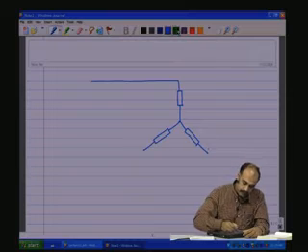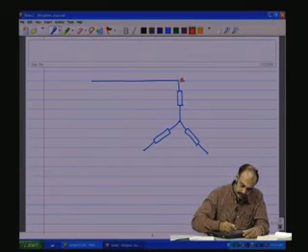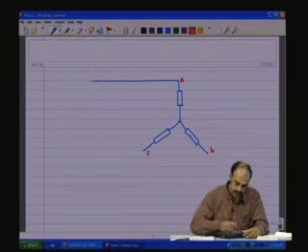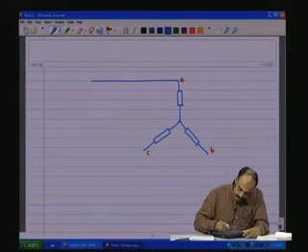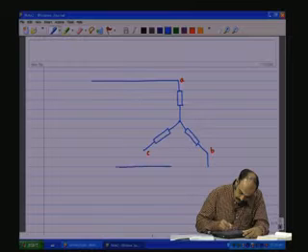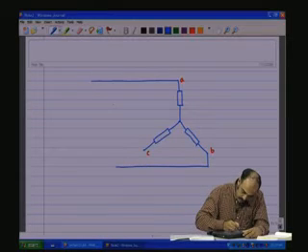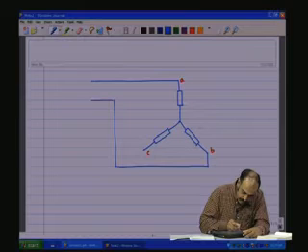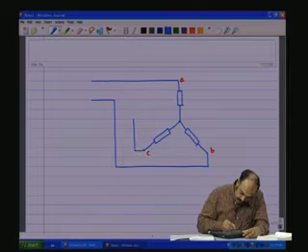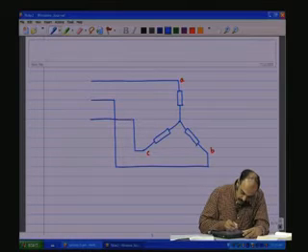Let us call these A, B, C as usual, and we take the B phase and give it here, and we take the C phase and give it to the 3 terminals.